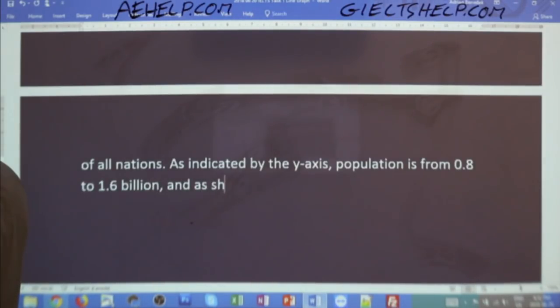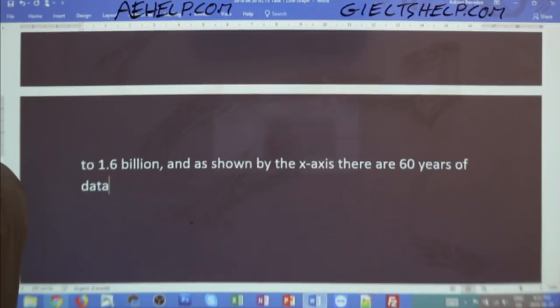And as shown by the x-axis, there are 60 years of data depicted as intervals of decades.